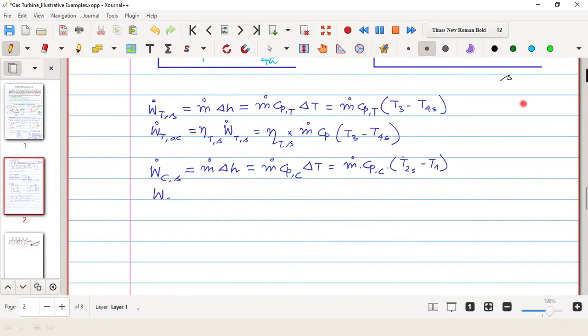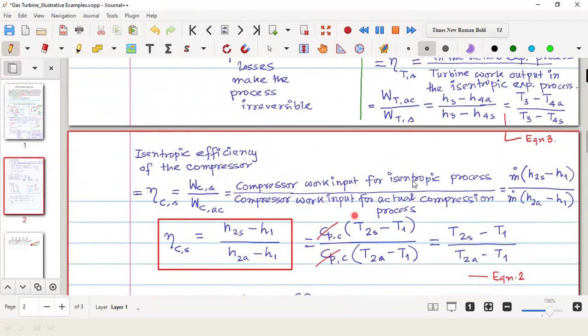In the same way as earlier, we can write the actual compressor work input. Now we know that actual compressor work is equal to theoretical divided by the efficiency.